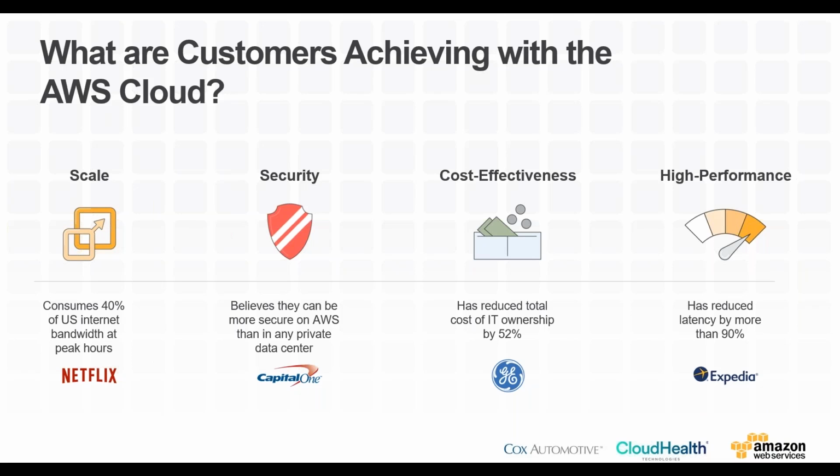You need not only scalability, but reliability with a global footprint to meet the demand for your customers. They have tens of thousands of instances running across multiple regions, hundreds of microservices, and serve hundreds of thousands of requests per second, along with serving billions of hours of content per month out of AWS.